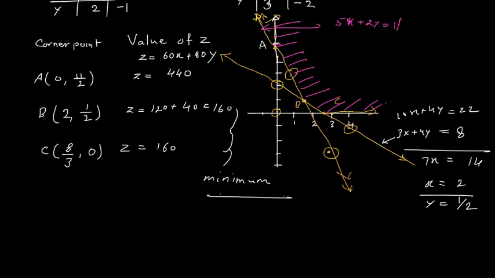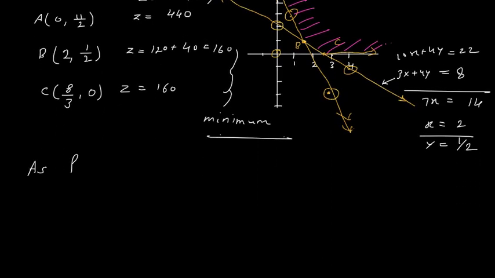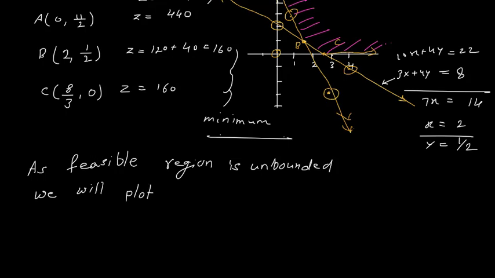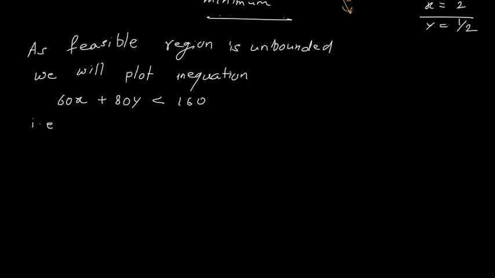I divide by 20, so I get 3x plus 4y less than 8.